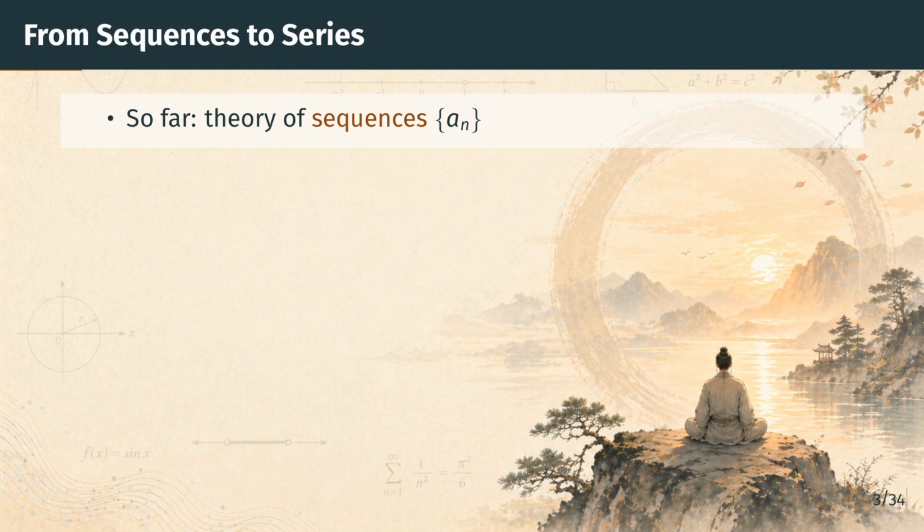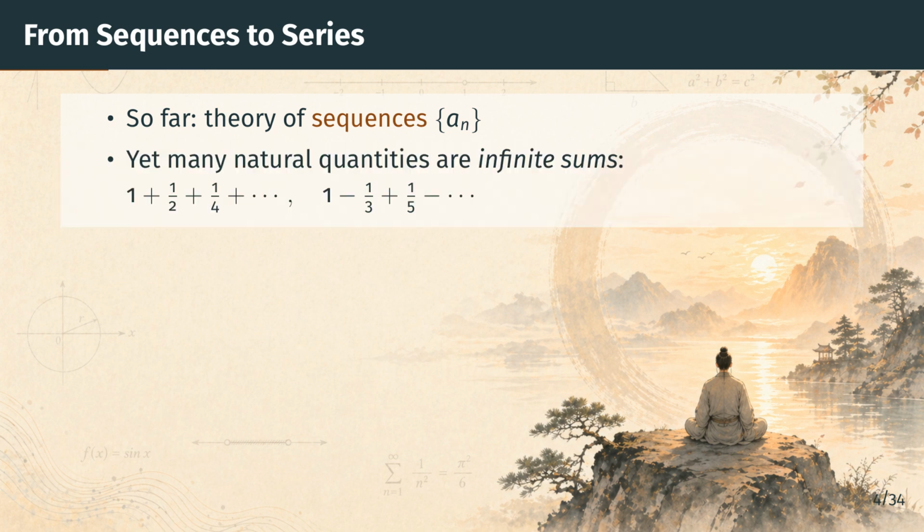Up to this point in the chapter, the basic object has been a sequence, an ordered list of numbers indexed by 1, 2, 3, and so on. We learned what it means for such a list to converge, what Cauchy sequences are, and how to compute several standard limits. But many of the most useful quantities in mathematics are not single numbers, and not just sequences either.